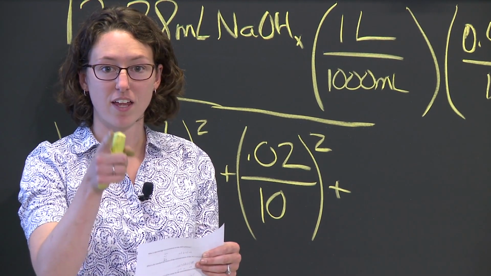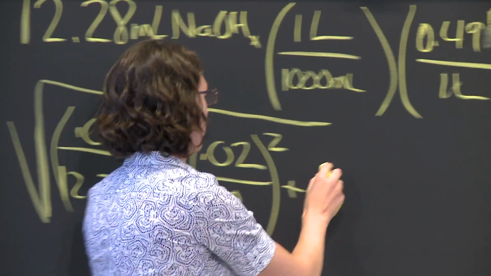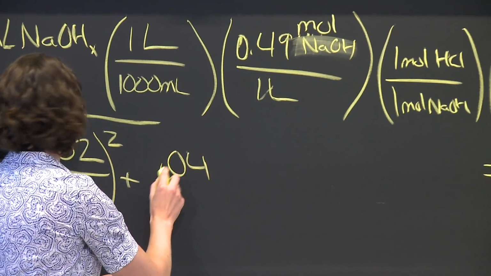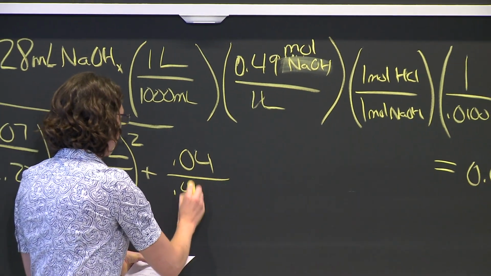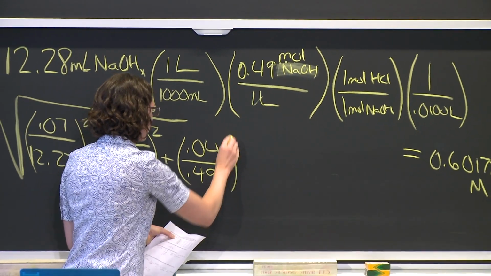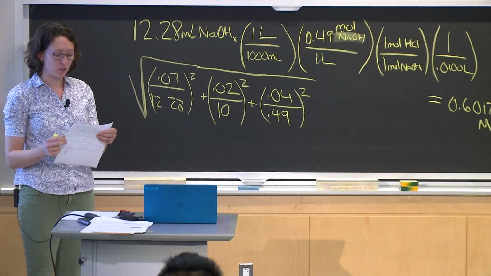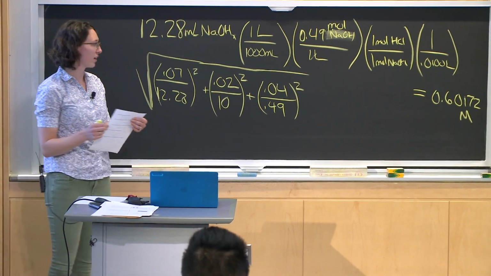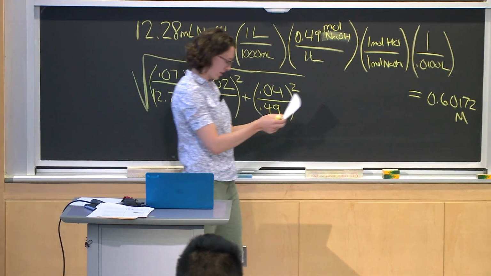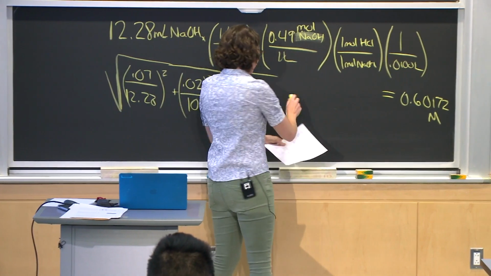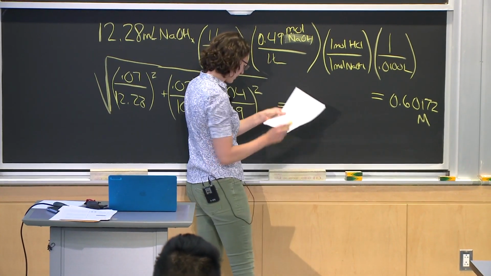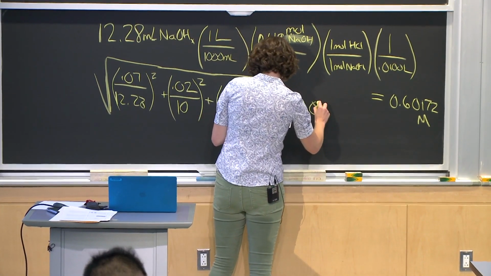Yeah. The concentration of NaOH, the 0.04. So you have 0.04 over 0.49. So that's how you will calculate your error for the concentration of the HCl. And if you do this out, you get 0.08.